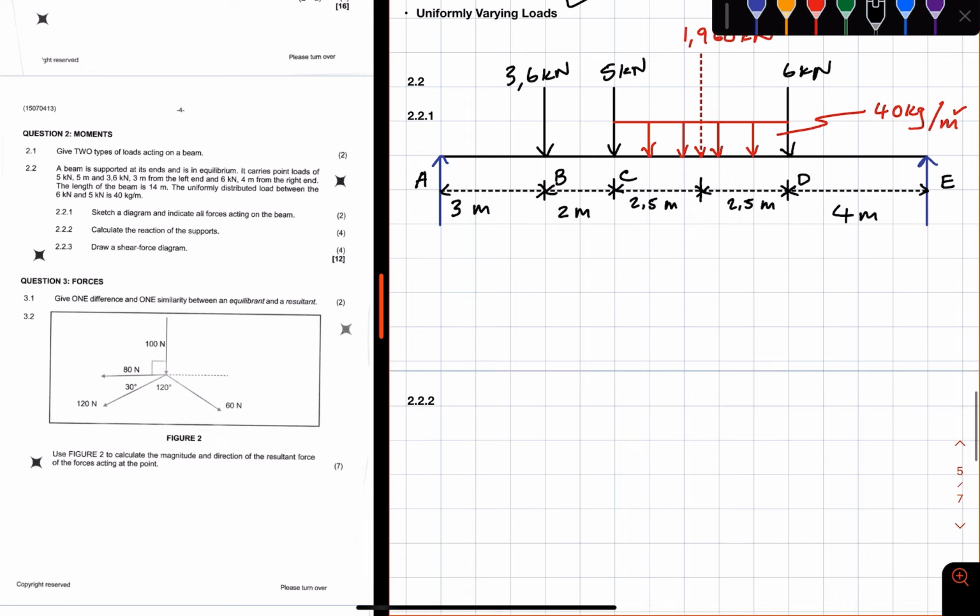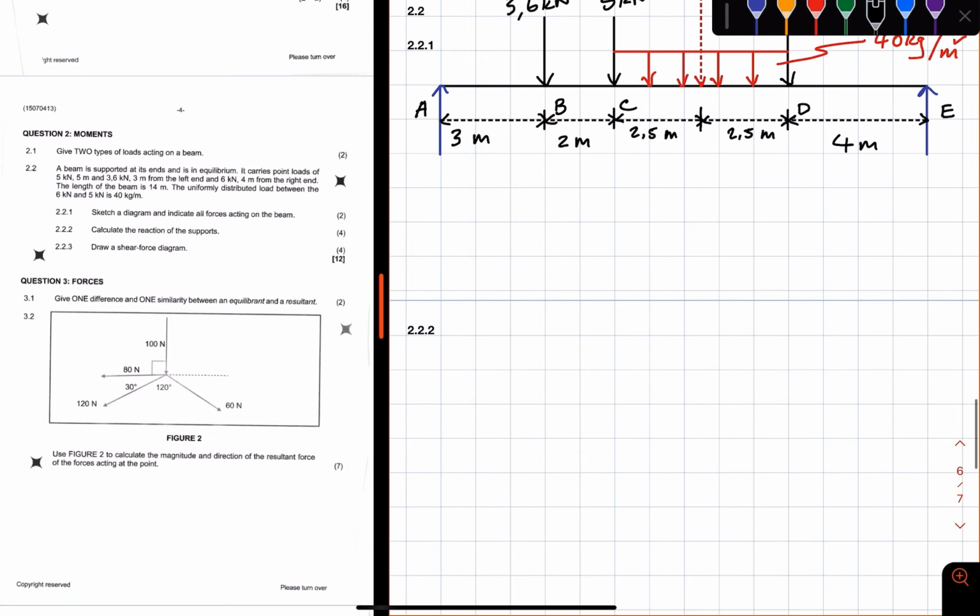Right? Then now you can calculate the reactions at the supports. So our reactions are reaction A and reaction E, right? So we're going to take moments to calculate for each reaction.